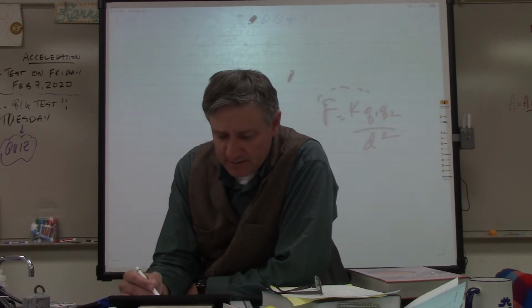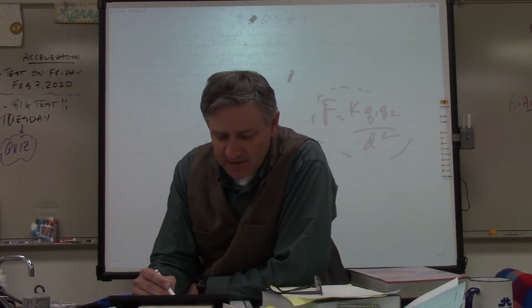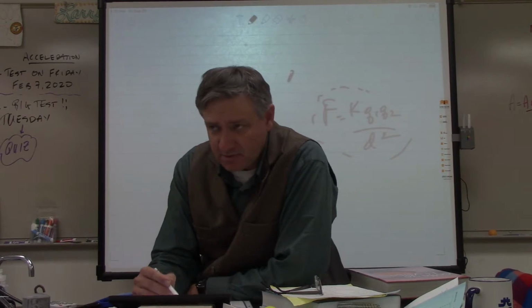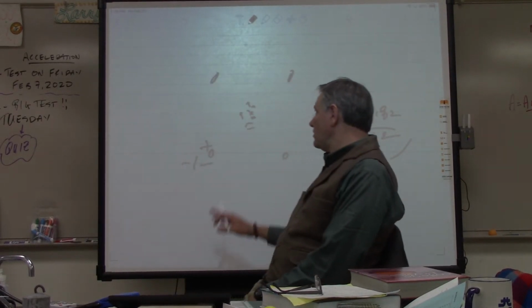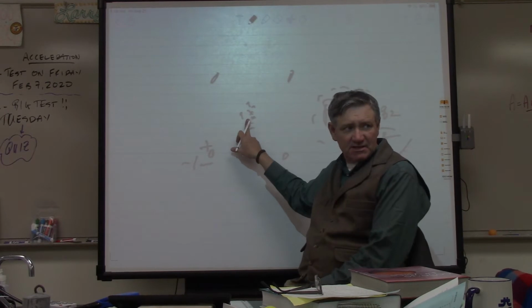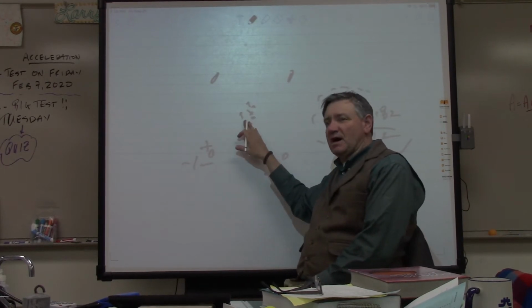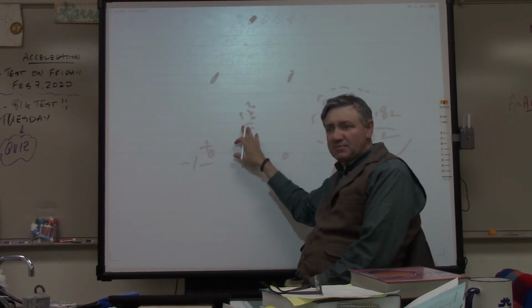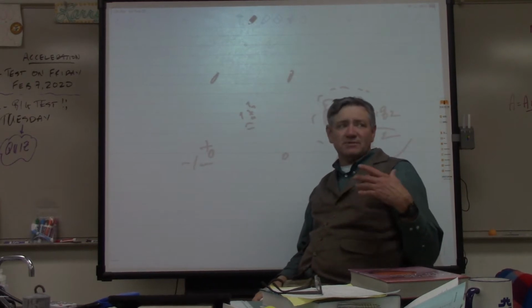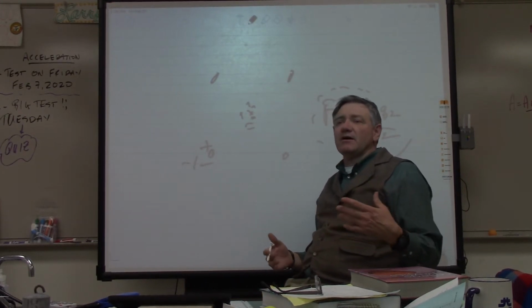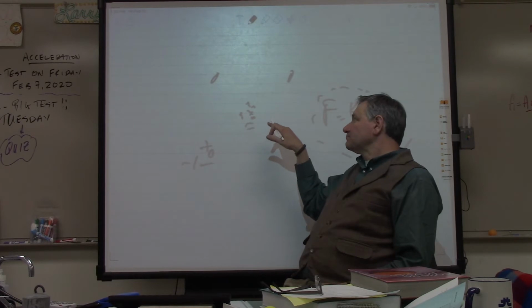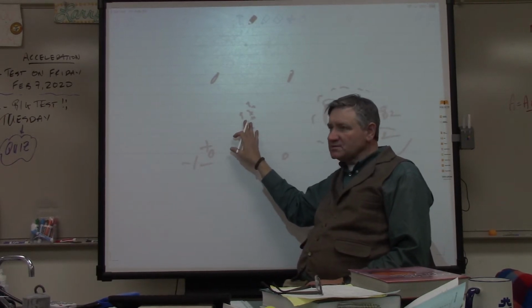I can't calculate the force that this thing is going to feel at this point because I don't know what this charge is. I don't know if it's positive. I don't know if it's 1 nanocoulomb, 10 nanocoulombs, 20 nanocoulombs. This is why I can't calculate the force at this point.